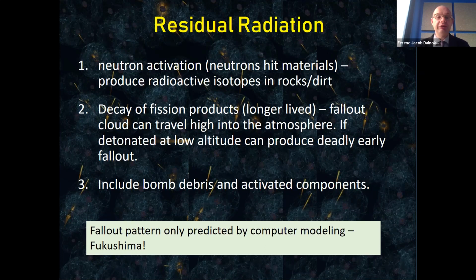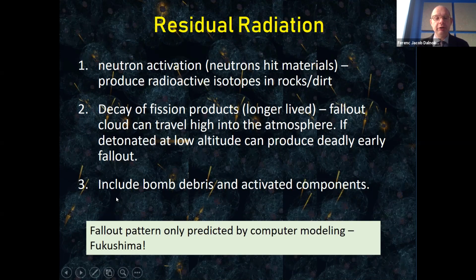So the effect of the fallout is going to be considerably less if it's older. If the material is older, a lot of it will have decayed, and so the effect is not going to be so damaging to the body. But if it's detonated at a very low altitude, so that the rain washes it out and it ends up on the ground quickly, then the effect can be very dramatic.